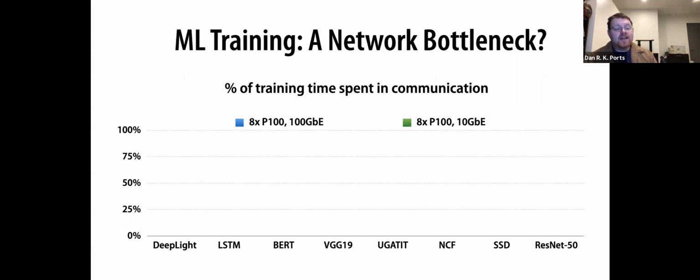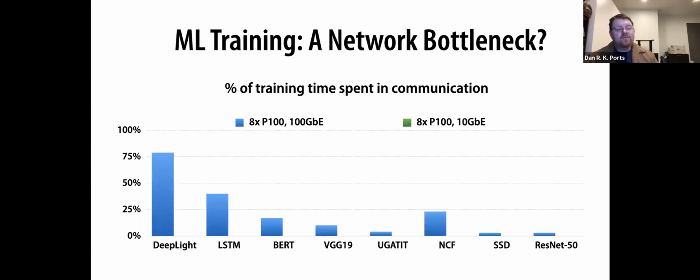So we looked at this using an 8-node cluster at MSR, using a variety of deep neural networks. These include things like image classification, recommendations, NLP, image transformation, click-through prediction, so a wide variety of stuff. And obviously, the amount of time spent in communication depends a lot on the structure of the network, on the size of the model, and various other things.